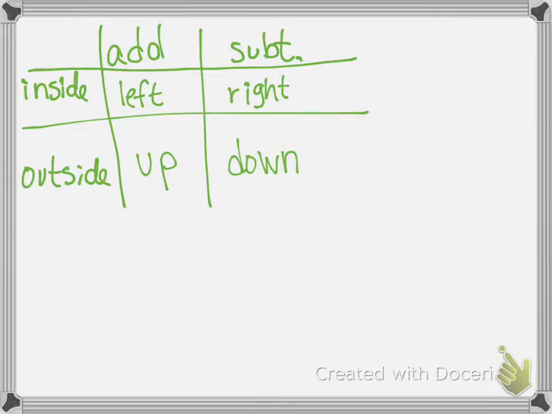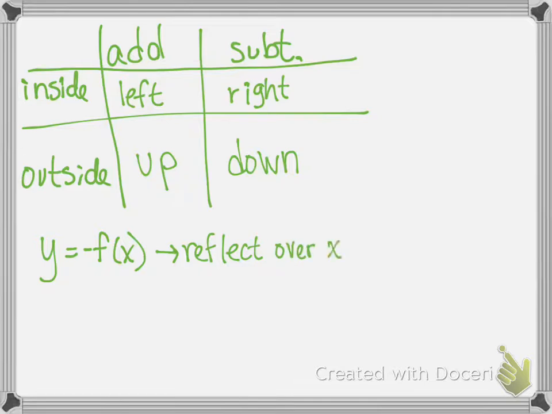With reflections, we only got to do one example with that for now. I'm more concerned about our translations, but for our reflections, you just need to know if you've got the negative outside, that means that you reflect over the x-axis.